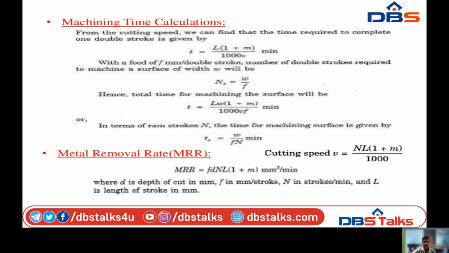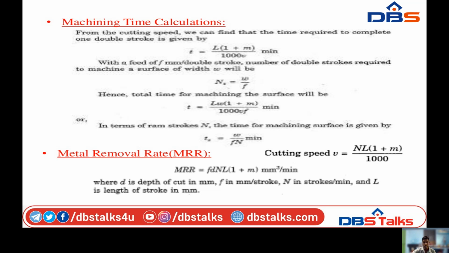Machining time calculations. Machining time depends on feed in mm per double stroke and cutting speed. The time required to complete one double stroke is t = L(1 + m)/100 minutes. Material removal rate, MRR, is F·D·N·L(1 + m) mm cubed per minute.